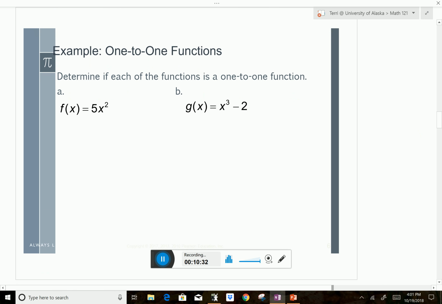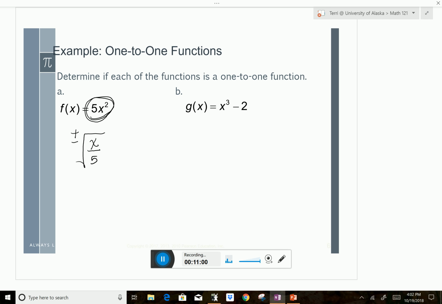And here's another example. Looking at this, undoing something like this: this takes x, then squares it, then multiplies by 5. So the opposite would take x, divide by 5, and then take the square root. But wait a minute, we don't know if it's the positive or the negative square root. So we don't know what that does.